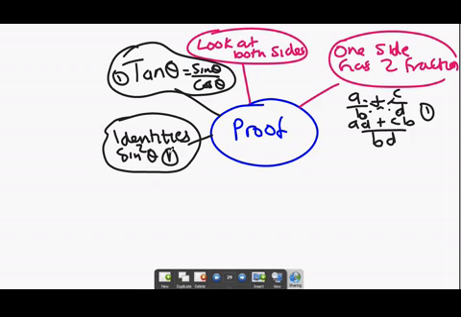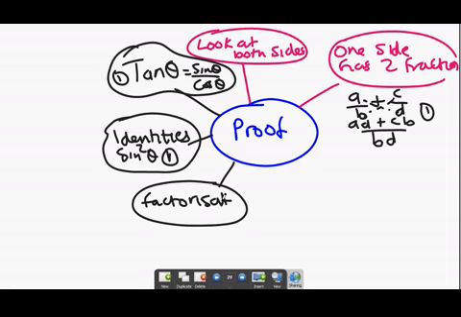Now the next thing you are going to look out for when you are doing a proof is factorization, difference of two squares. This one is quite nice. It is very famous, and I'm going to show you how it's normally applied, and it's quite easy.